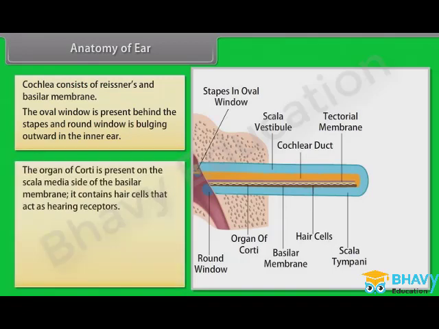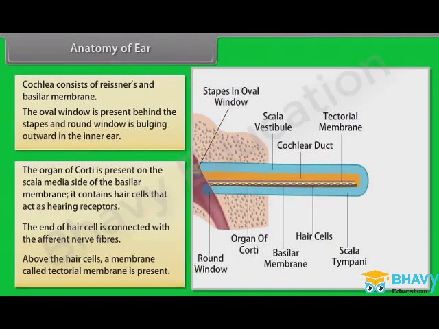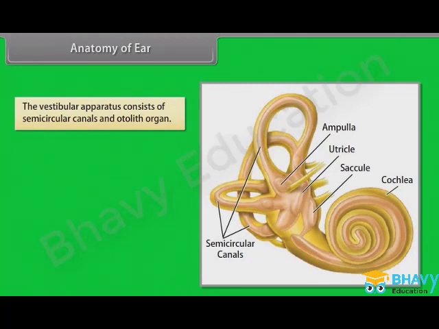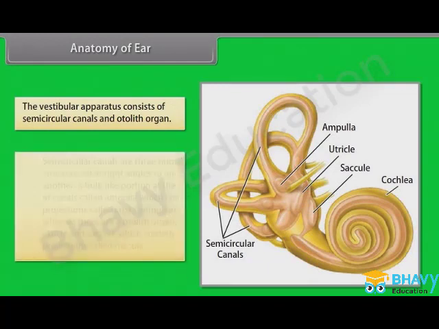The organ of Corti is present on the scala media side of the basilar membrane. It contains hair cells that act as hearing receptors. The end of the hair cell is connected with afferent nerve fibers. Above the hair cells, a membrane called the tectorial membrane is present. The vestibular apparatus consists of the semicircular canals and the otolith organs.